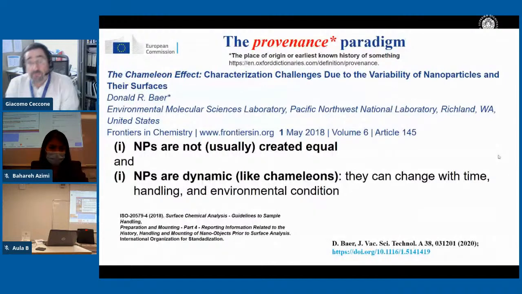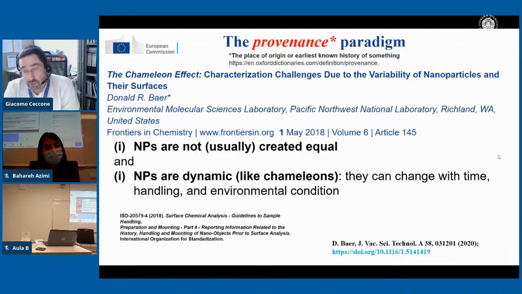The other problem when you try to do surface analysis is related to the provenance paradigm, as indicated by Don Baer from the Pacific Northwest Lab. So when you analyze nanoparticles or nanomaterials, you need to know where the nanomaterial comes from, how it was stored, or how it should be stored, because nanomaterials are dynamic. They are not static and stable elements, and they can be dynamic like chameleons, so they can change with time.